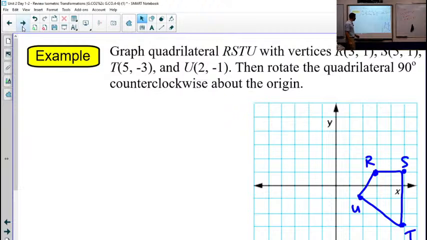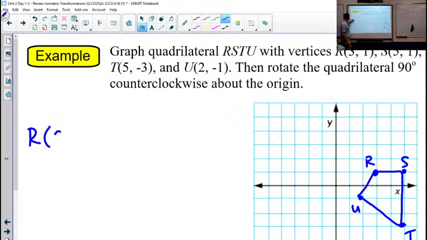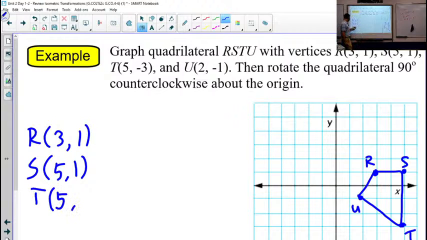So let's do an example here. And don't forget, on your homework, you're going to need to write out the coordinates of the pre-image and the image. It's going to ask you that in your directions. So that means you need to actually write down these coordinates and show where they go.